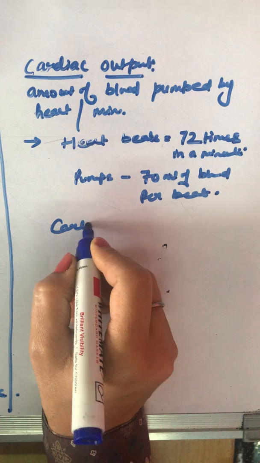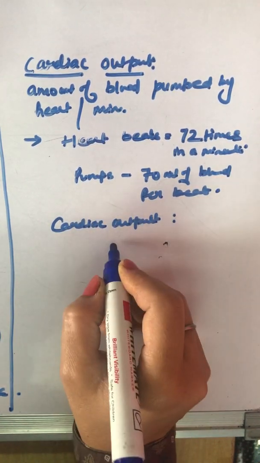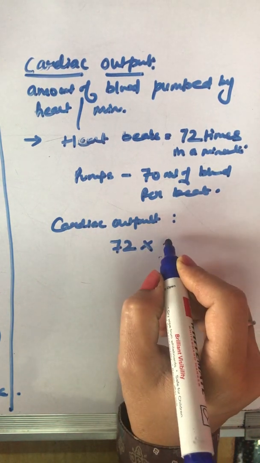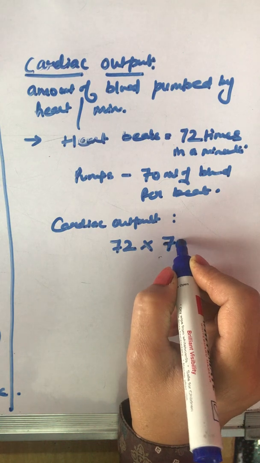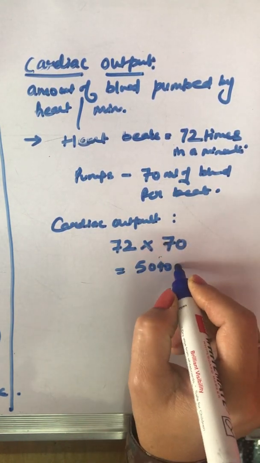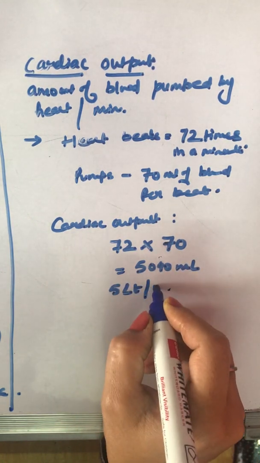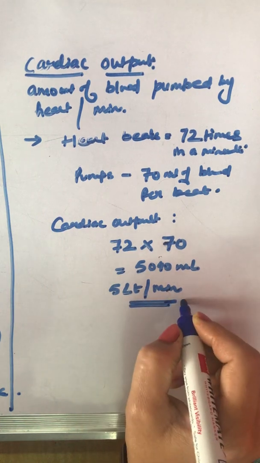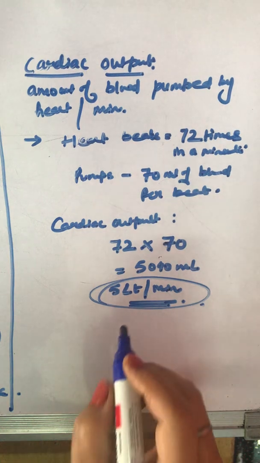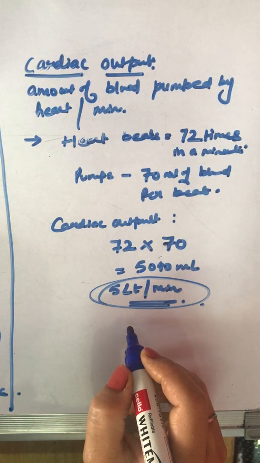So cardiac output is heartbeat, that is the number of times it beats, into the amount of blood it is forced to pump. It comes out to be 5040 ml. That means about 5 liters per minute, which is equivalent to the total body blood volume, that is about 5 liters in our body. Clear?